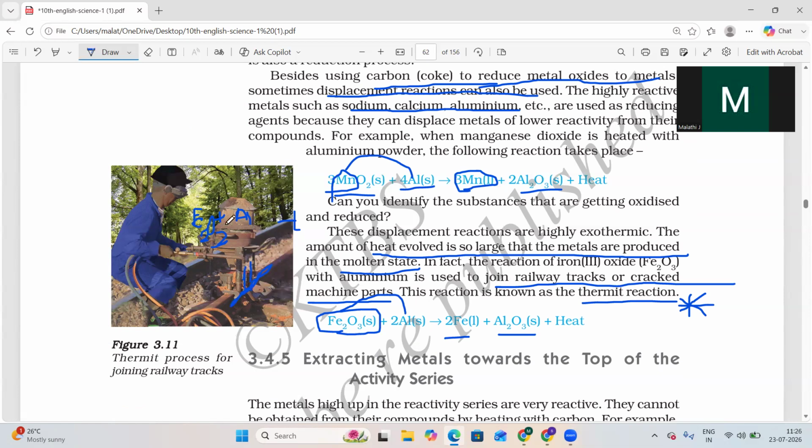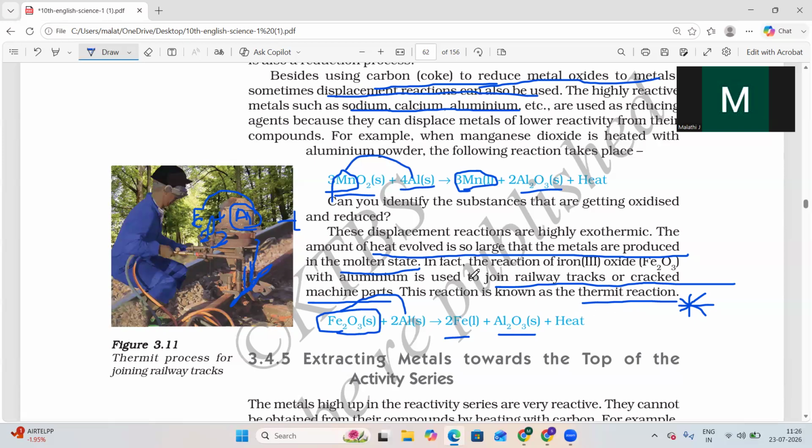So they use iron oxide and add aluminium. As a reducing agent, when aluminium removes the iron, a large amount of heat is liberated. Then it starts to melt and gets attached. This process is called the Thermit reaction.